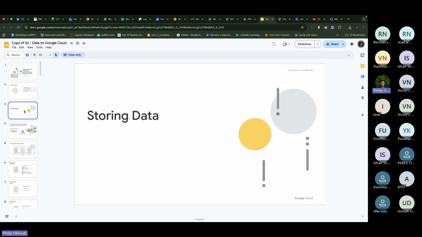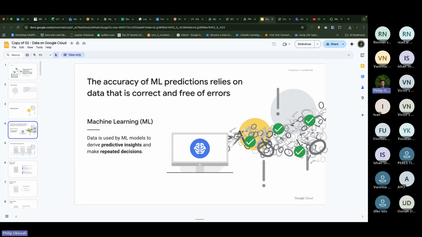So you need to make the right choices about where you're storing data. After ingesting the data, after bringing in your data, after data selection, where do you store your data? If it's far away, it can cause latency issues, it can increase your costs, or it can also affect your training and serving. It has a lot of impact.